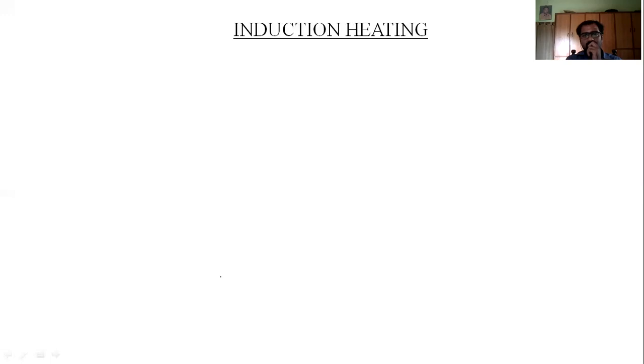Suppose I am given a metal, a heating material, and I would like to melt that metal or make it heated. I have the chance to use induction heating. Then how? Whatever metal is given, we heat it up electrically.